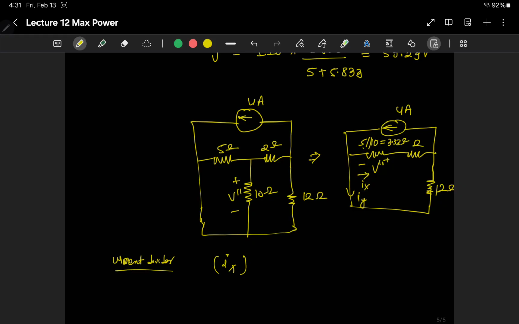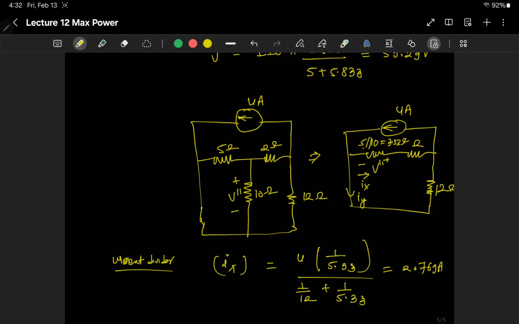If you have a circuit like this and the current goes along this branch and this branch, you can write Ix as the current source 4 times 1 by, because these two are in series, and then the current divides between this and this. So 1 by 2 plus 3.33, which is 5.33, divided by 1 by 12 plus 1 by 5.33, which will give you 2.769 ampere.